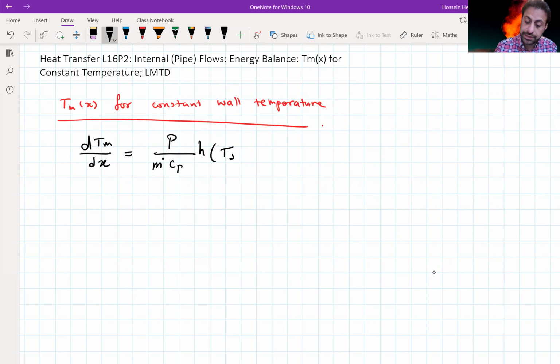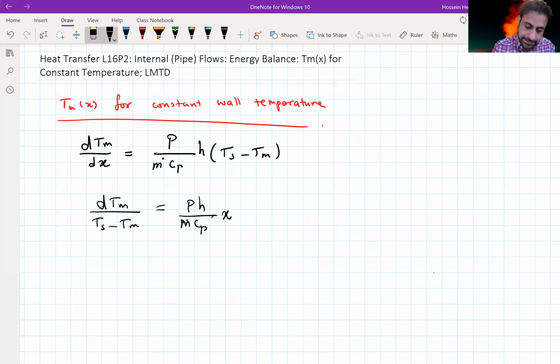h (Ts minus Tm). Now here, if I do a little rearrangement and knowing that Ts is constant, dTm over (Ts minus Tm) would be P h over m dot Cp times dx.